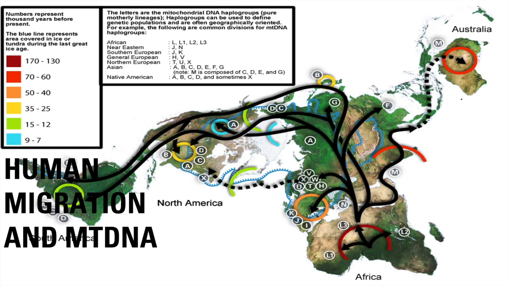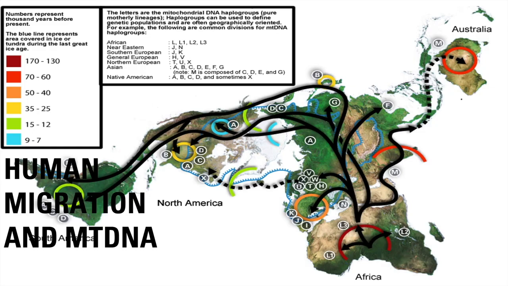These groups are grouped into one another because they share a common ancestor that has that single nucleotide polymorphism mutation, that SNP.